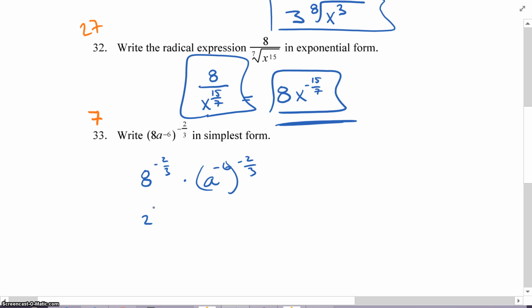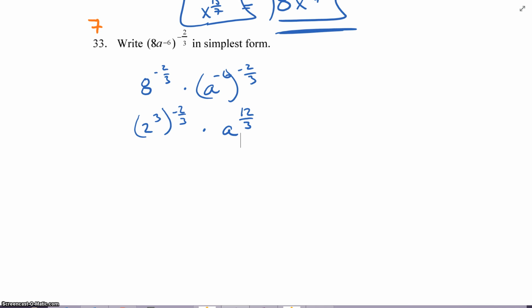So it's going to be 2 cubed to the negative 2/3 power times a, what's negative 6 times negative 2? 12 over 3. See if we can simplify this some more. So this is going to be 2 to the negative 2 power times a to the 4th.